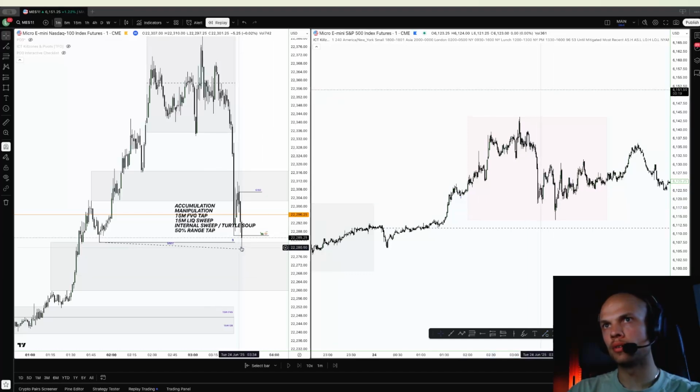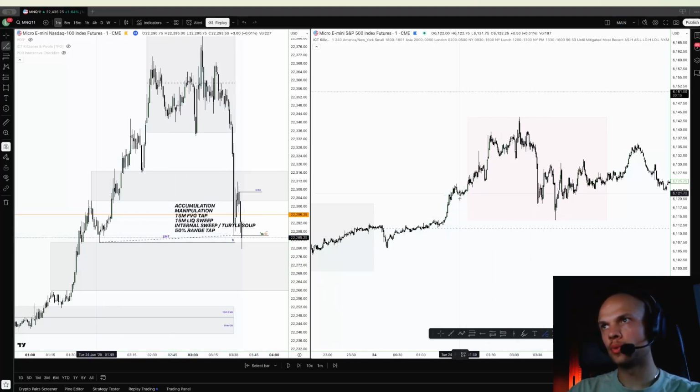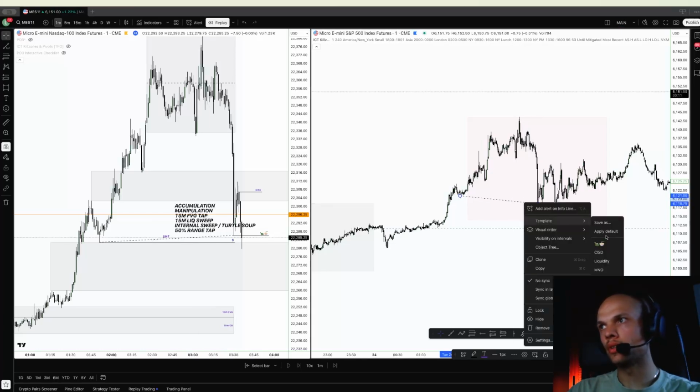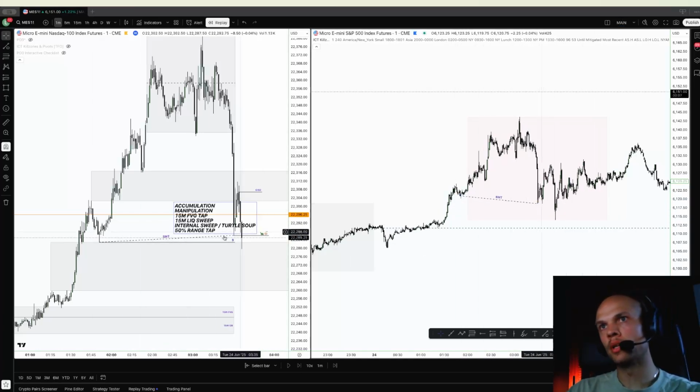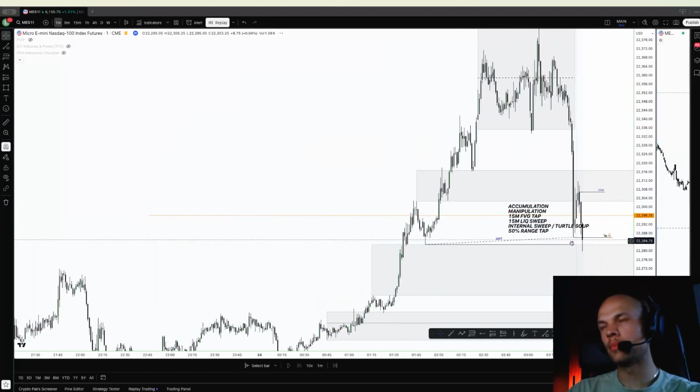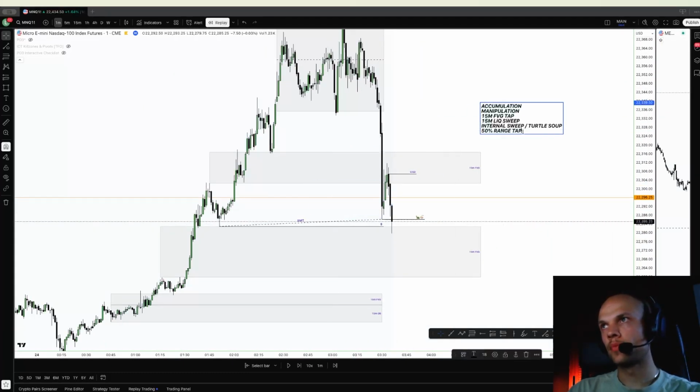Sorry, that wasn't that low. It was this low here. So NQ didn't sweep that low, sorry. Okay, so as we can see, NQ didn't sweep the low, but ES swept the low. So that is my SMT. For me, that's an SMT. So we have 1 minute SMT.